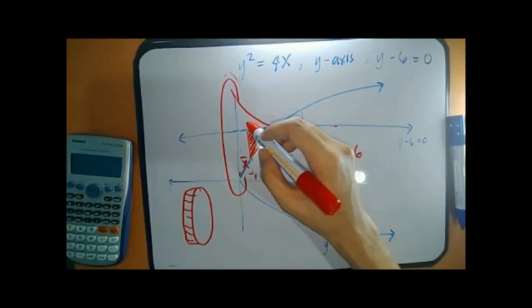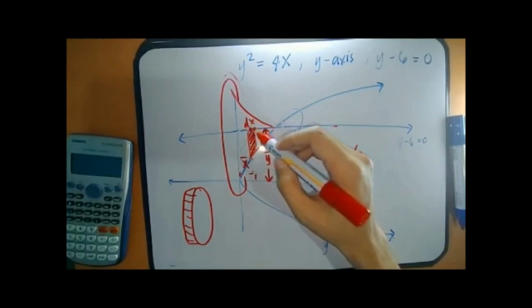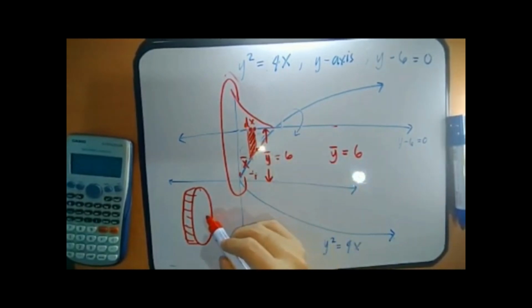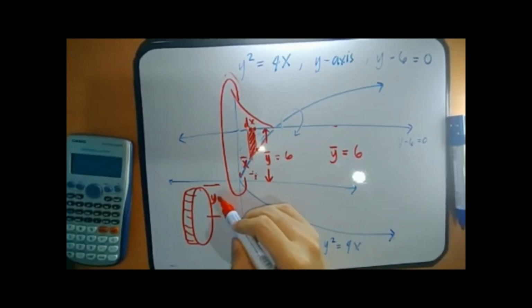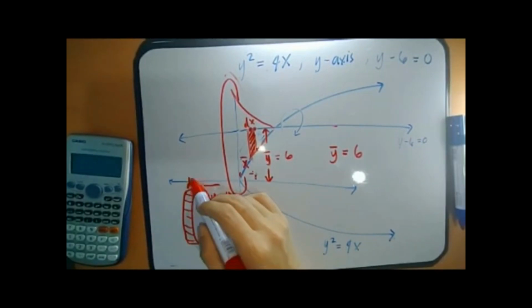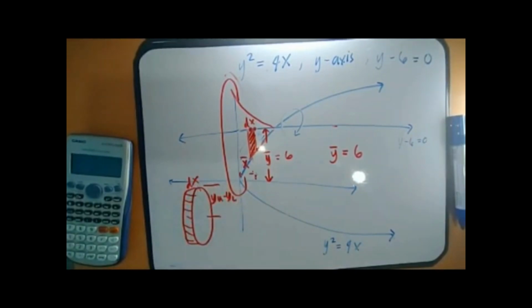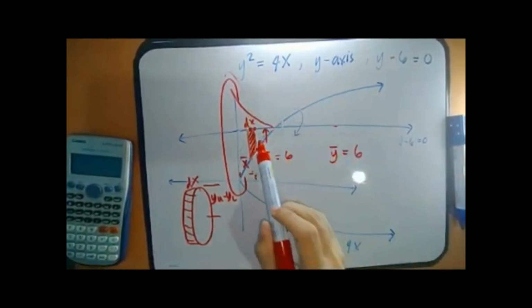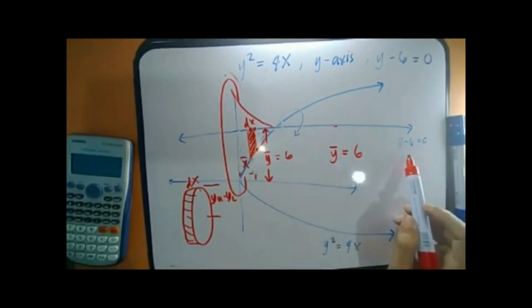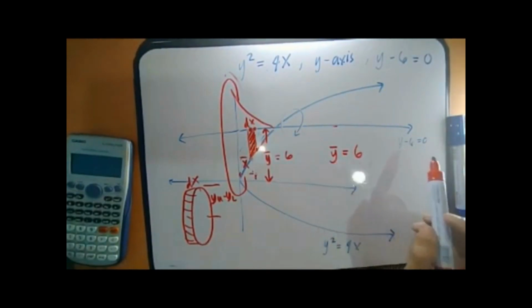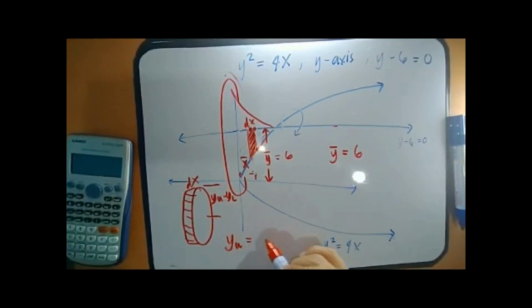So, you have this. Ito ay differential of x. Itong distance will be y upper minus y lower. So, this is thickness differential of x. Now, yung y upper natin is located here. So, y equals 6. So, y minus 6 equals 0. So, y is equal to 6. So, y upper equals 6.